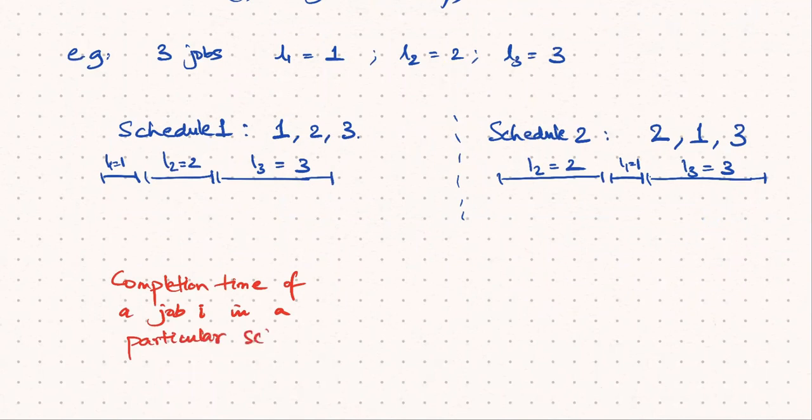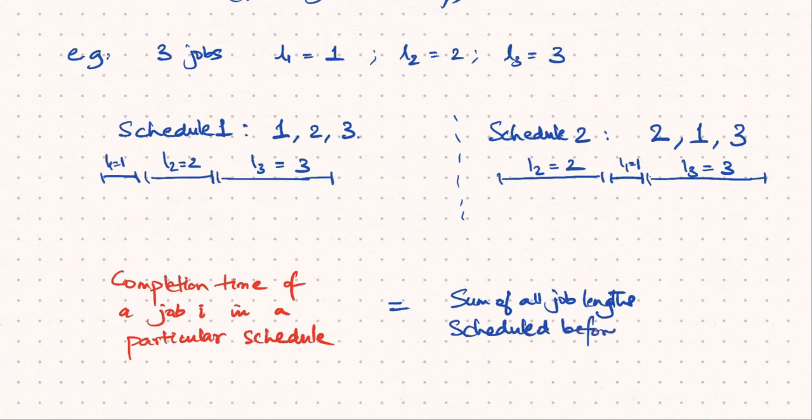Given a schedule, we can define the completion time of a job i, informally, as the sum of all the job lengths scheduled before job i, plus the length of the job i.